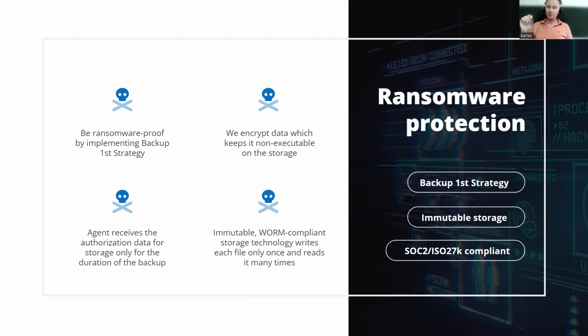So even if one of your colleagues, one of your team members, includes some executable file in the metadata, for example as an attachment, and there is some ransomware file included, obviously GitProtect will grab it and send it to the storage, but it won't be executed because of compression, because of encryption, and because of some other mechanisms that are happening in the background.